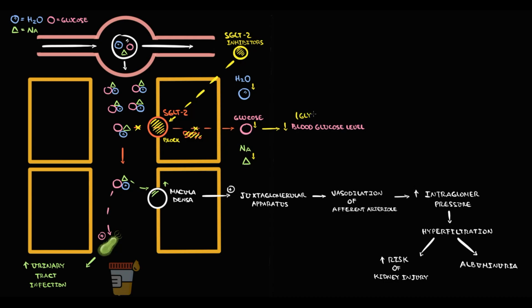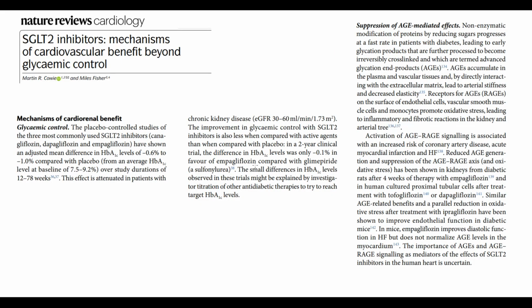We call this glycemic control, and typically we measure glycemic control by decrease in glycated hemoglobin. In clinical trials, it was estimated that SGLT2 inhibitors caused 0.6 to 1% decrease in glycated hemoglobin, from baseline of 7.5 to 9.2%, and this is significant.